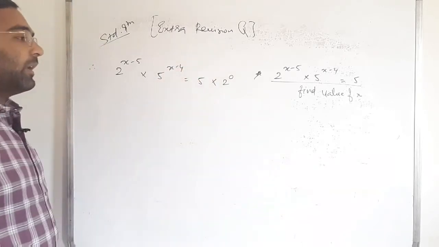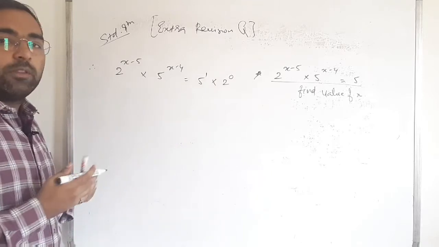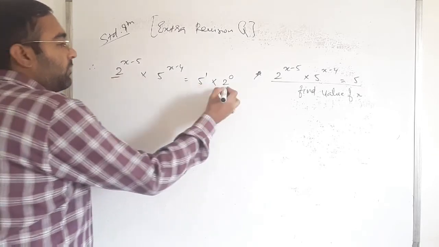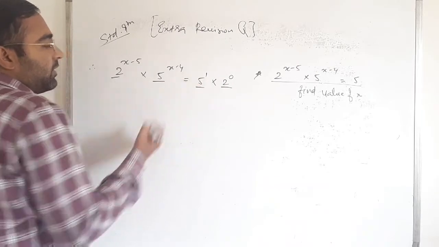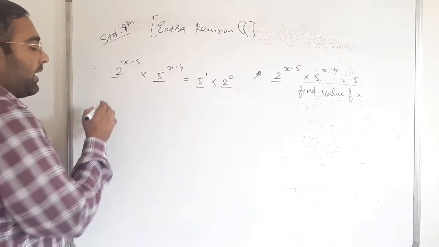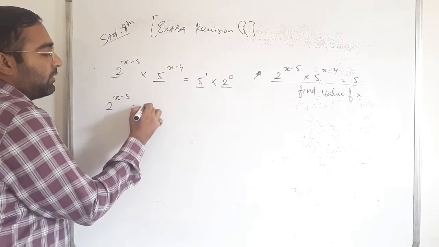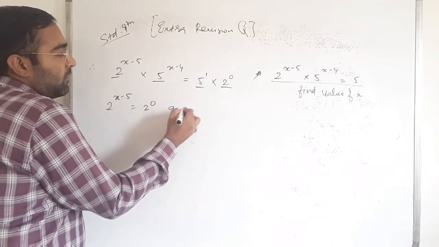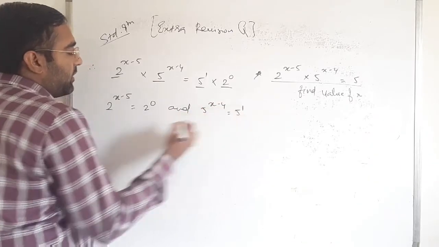So now here 5 raised to 1 and 2 raised to 0. Now both of them have the same base, 5 and 2, and are equal. So I'll take 2 raised to x minus 5 equal to 2 raised to 0, and 5 raised to x minus 4 with 5 raised to 1.